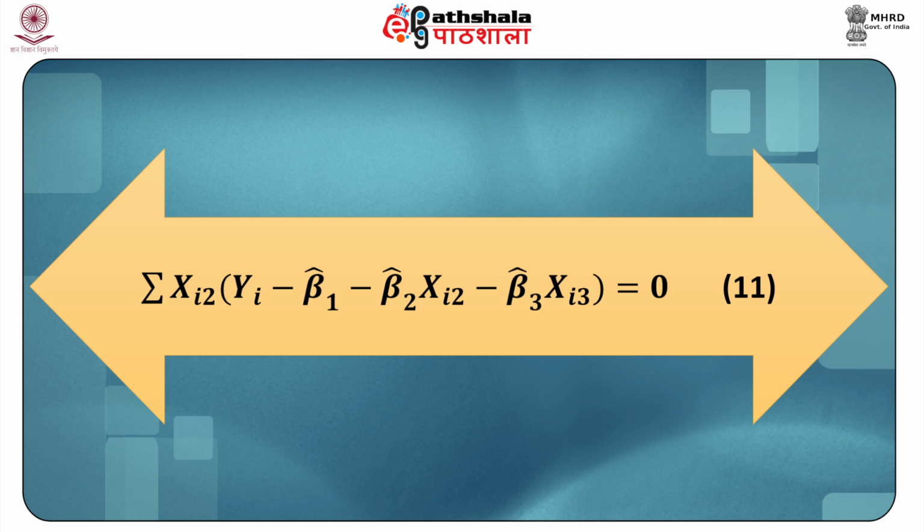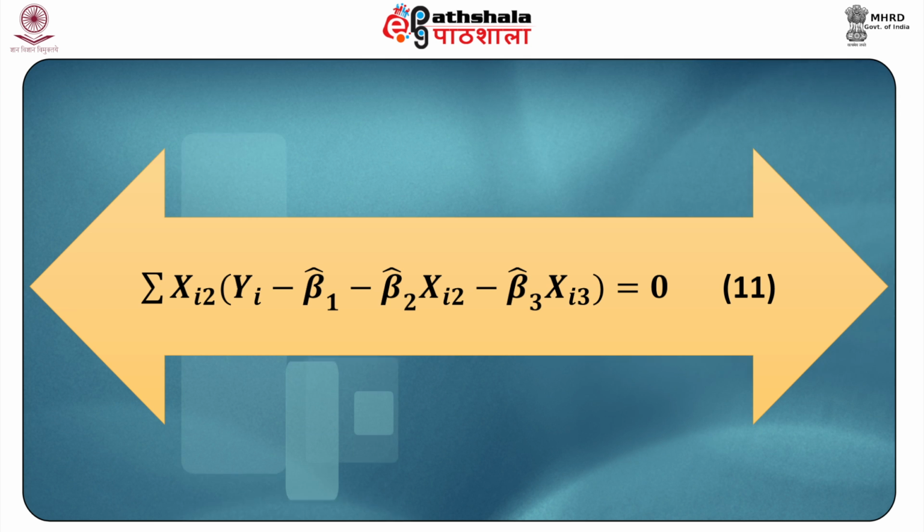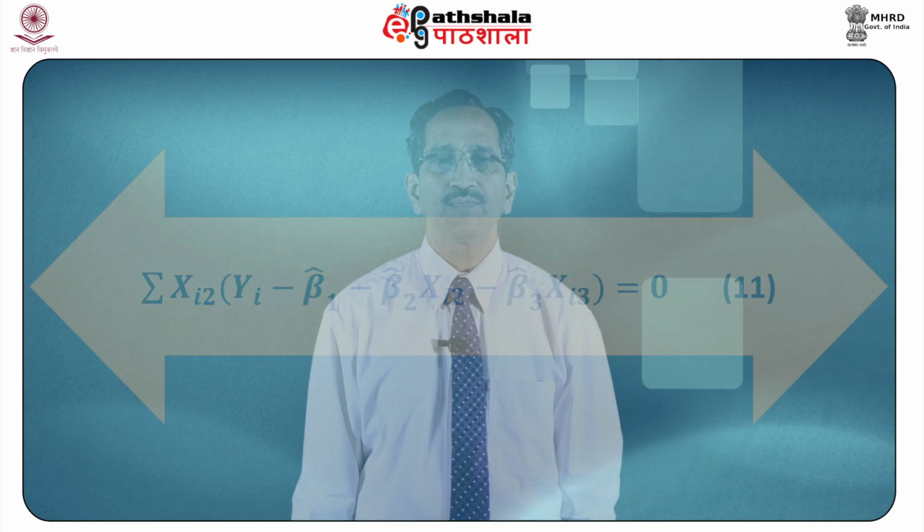Similarly, if you solve equation 7 and 8 together, we can write down sigma xi2 into yi minus beta 1 hat minus beta 2 hat into xi2 minus beta 3 hat xi3 equal to 0, and this can be written as equation 11.